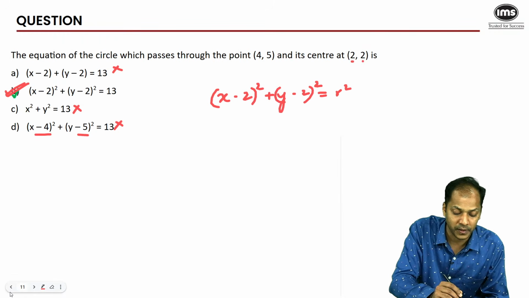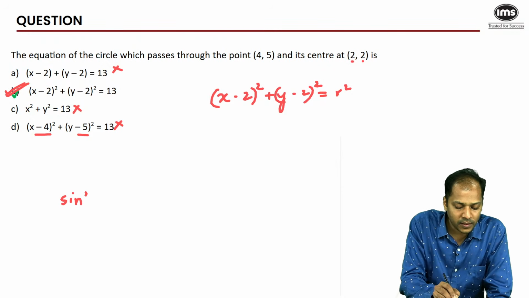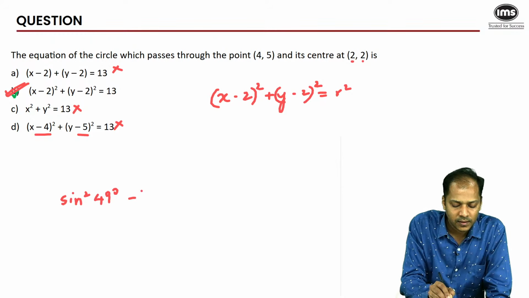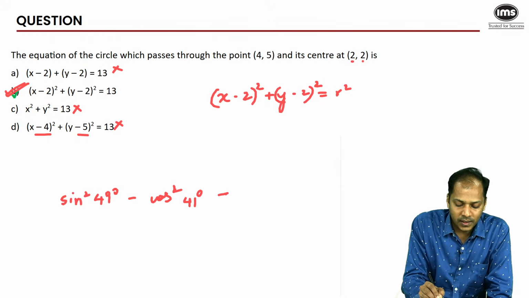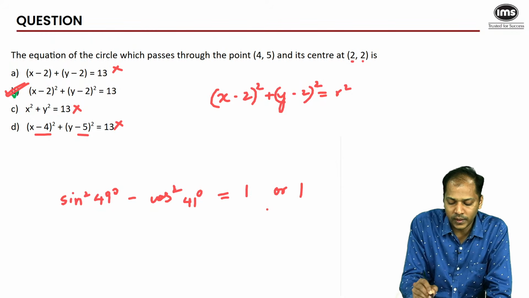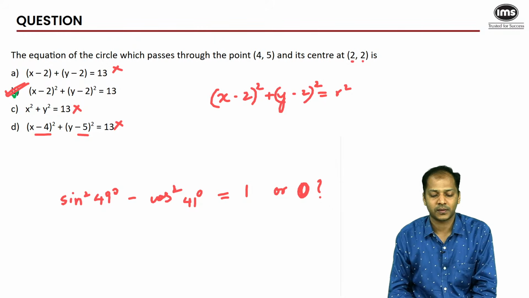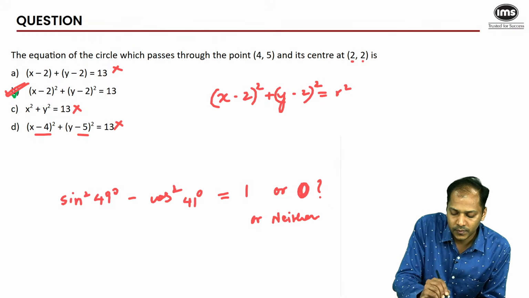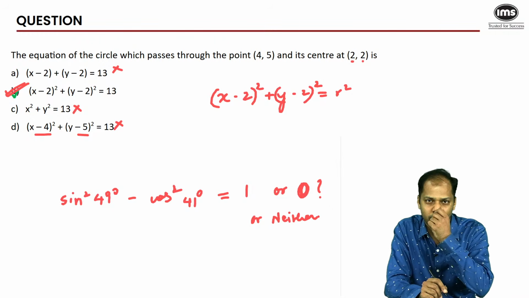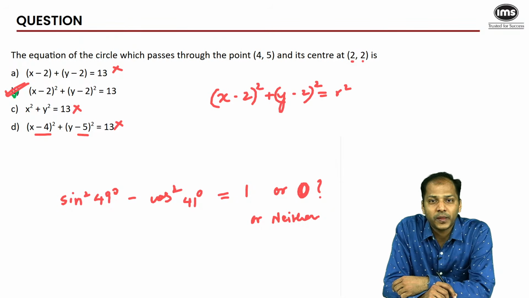Now we are moving ahead to algebra, but first: what would be the value of sine square 49 degrees minus cos square 41 degrees?